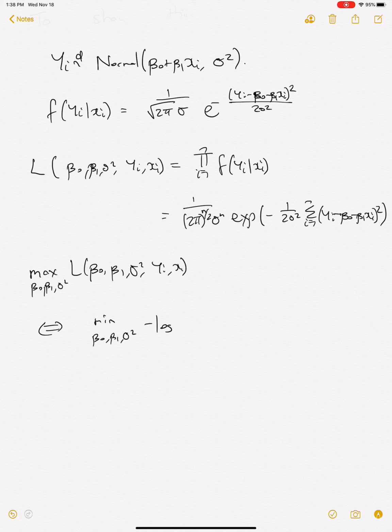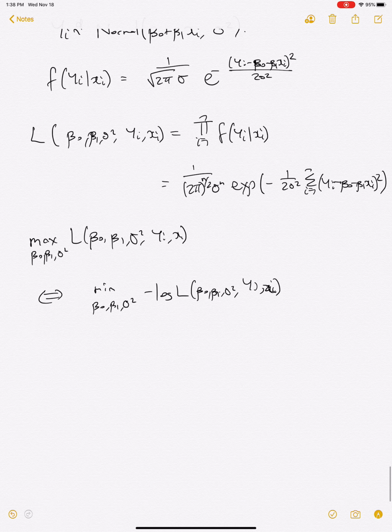So negative log of this is just going to be n log sigma plus n over 2 log 2 pi, which we'll see doesn't matter too much, and then plus 1 over 2 sigma squared.